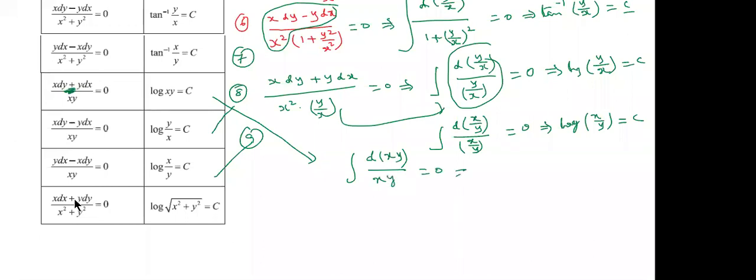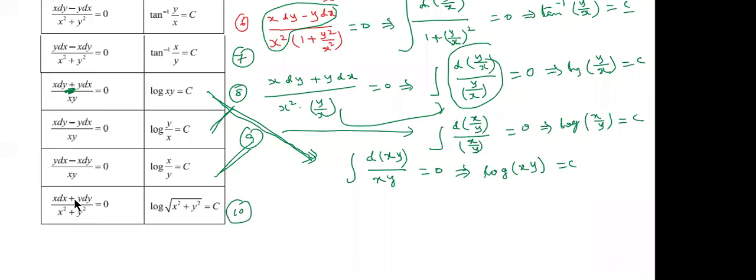Okay, students, this is also integration f dash of x by f of x. We get log xy is equal to c. Now the eighth one, how I have written, the ninth one also, you know very well. Now see the last one, this is the 10th one.